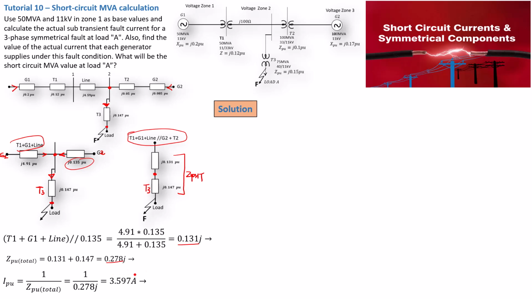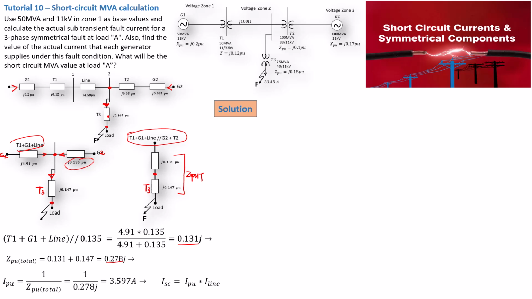Now, to find the short circuit current, we need to multiply I per unit times the line current, as per the formula: I short circuit is equal to I per unit times the line current. It is important to know which voltage you're going to use to find this line current, because this is where the fault is located, which is rated at the voltage on the secondary of this transformer.